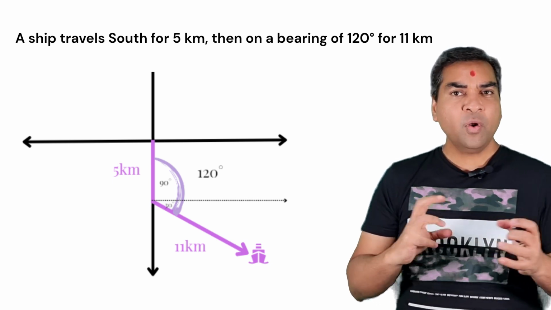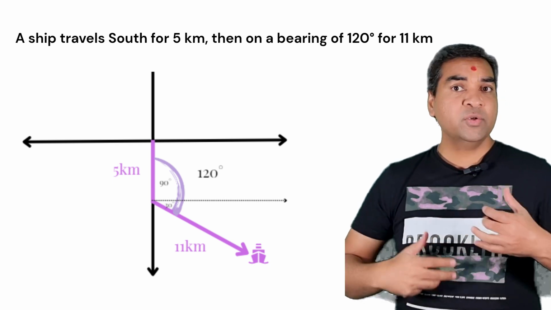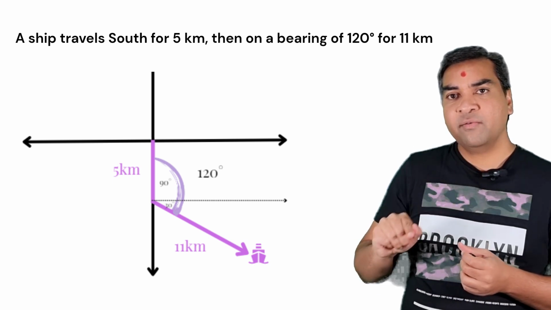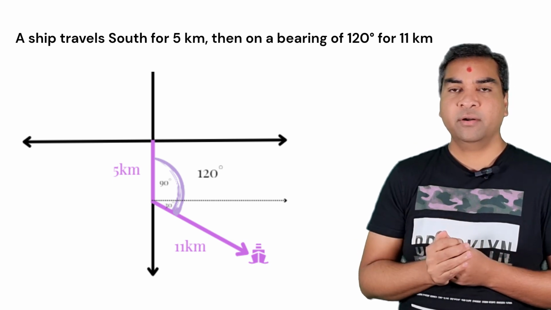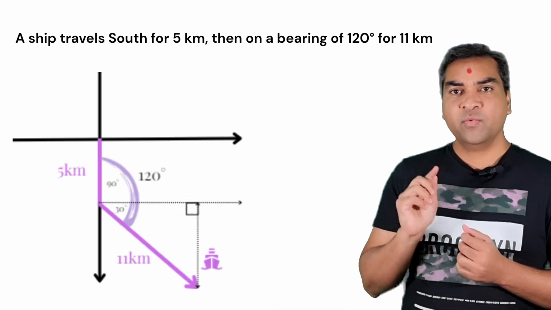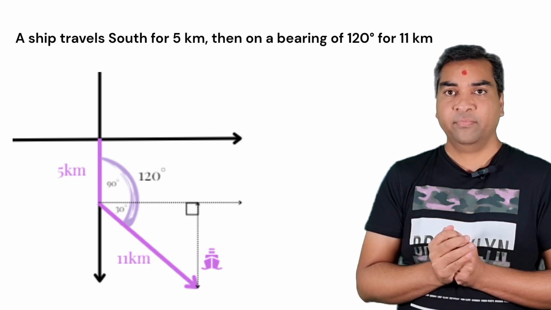Now we want to solve a couple of things, so we'll try to make our little triangle so we can use our SOHCAHTOA principle. So with my second line, which is 11 kilometer, I'm going to make one horizontal line and one vertical line, so I can have my right angle triangle.